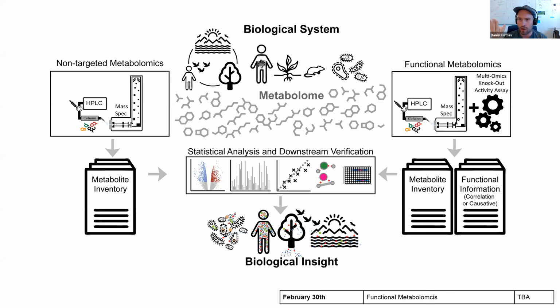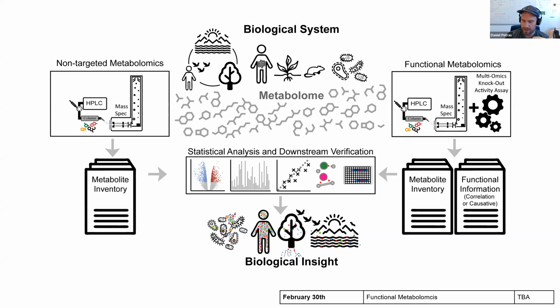If you have a knockout versus a wild type, you can distinguish which signals or metabolites may be missing, and then derive some biological hypothesis out of this. But a focus in the field, in many different labs, and also in my own lab, is to provide, in addition to these pure inventories, some functional information.